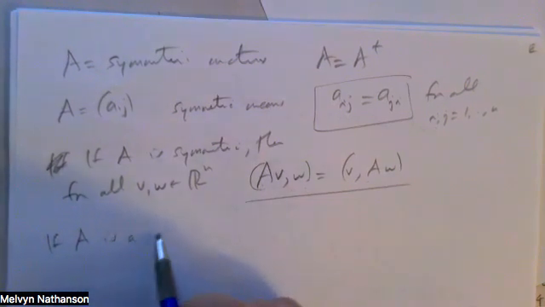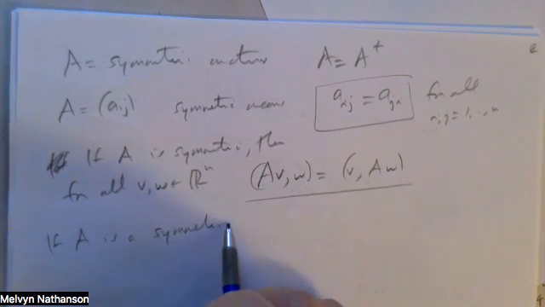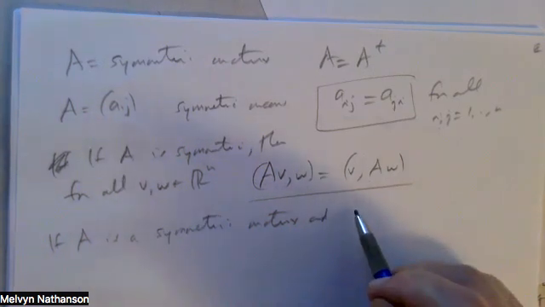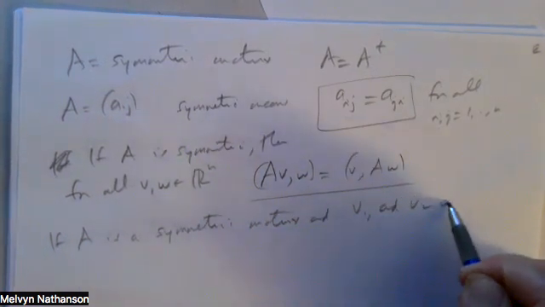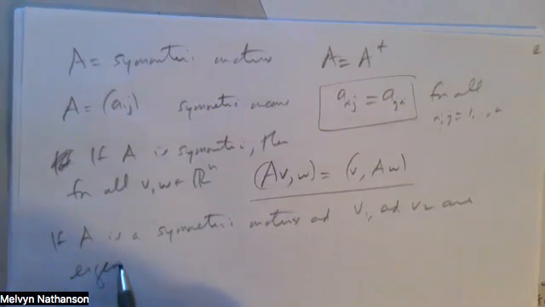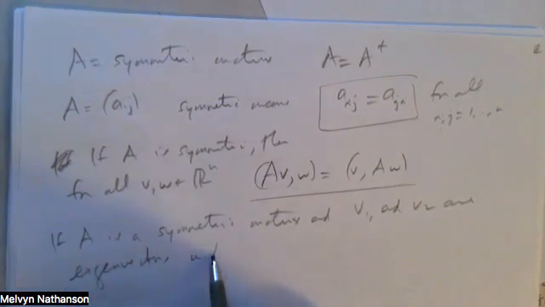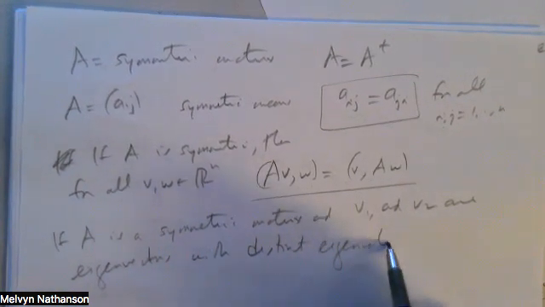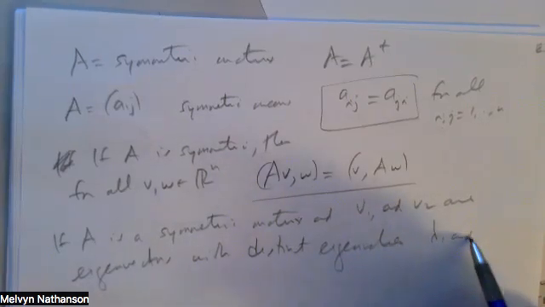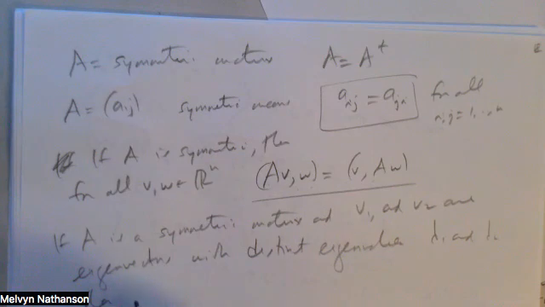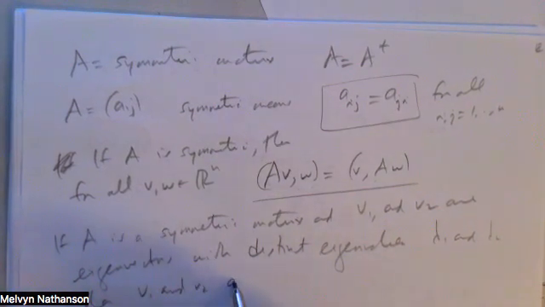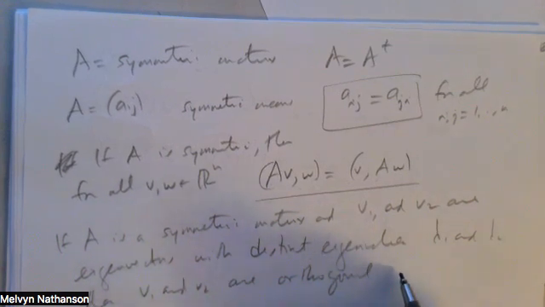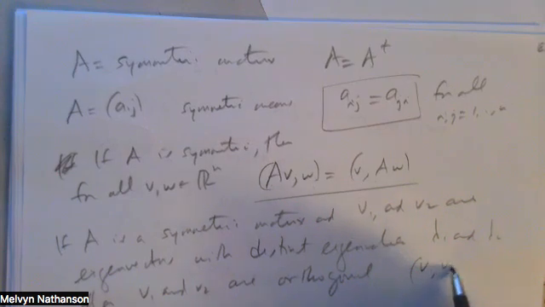If A is a symmetric matrix and V1 and V2 are eigenvectors with distinct eigenvalues, lambda 1 and lambda 2, then V1 and V2 are orthogonal or perpendicular, or equivalently, the inner product of V1 and V2 is 0.